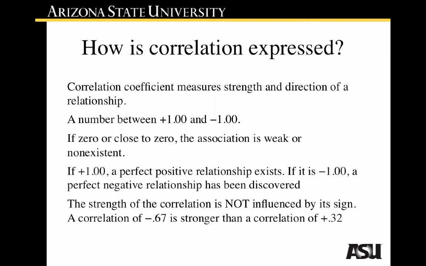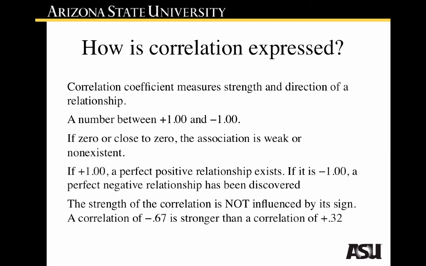And if it's negative 1, it's a perfect negative correlation. So what that means is, if it's a perfect positive correlation, as one variable increases, the other increases perfectly. And if it's a perfect negative correlation, then as one decreases, the other increases.